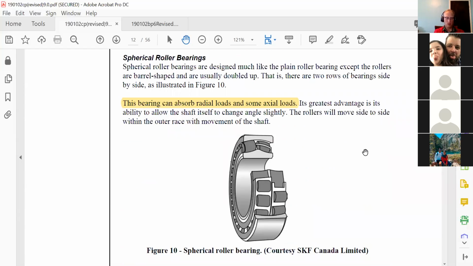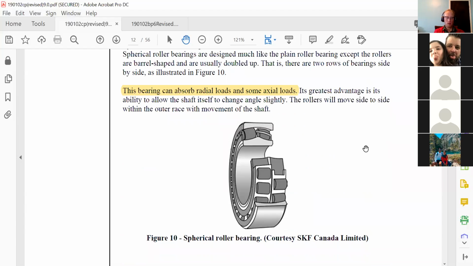These spherical roller bearings are a little bit special. They can typically self-center for slight angle changes, and they can handle some axial loads as well. I've typically seen these in construction equipment; off-road equipment uses these.